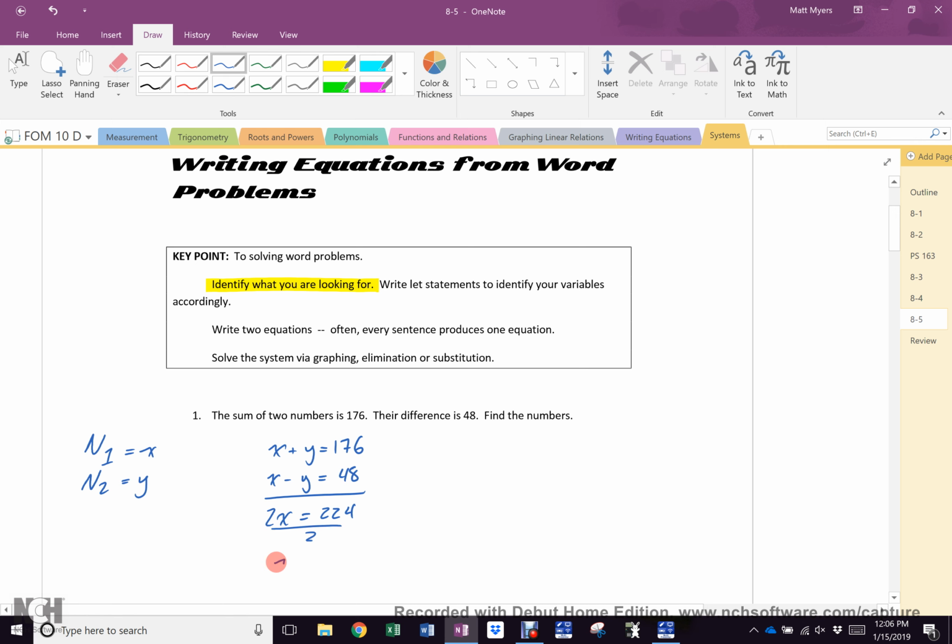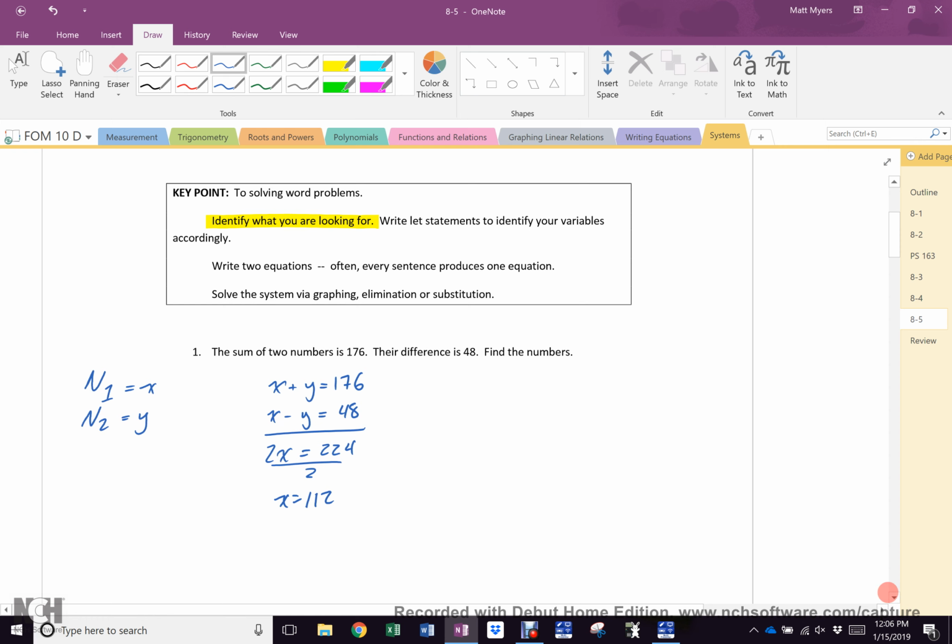Now what? Divide by 2. What's the answer? 112. Yes? Now, what do I get to do with that x? Any x I see, I can write it into. Are all the x's on the screen useful to me right now?